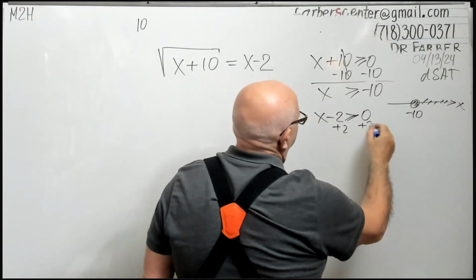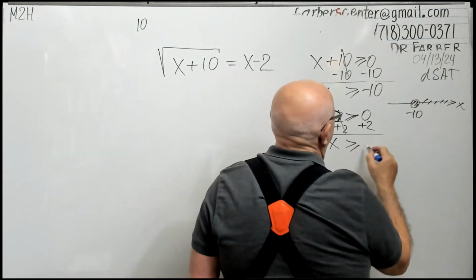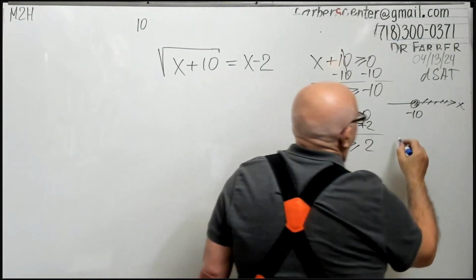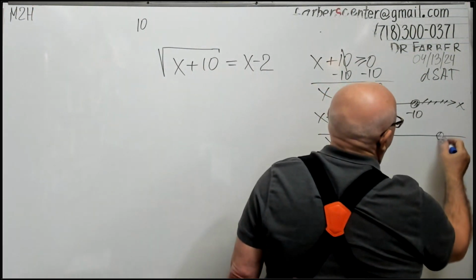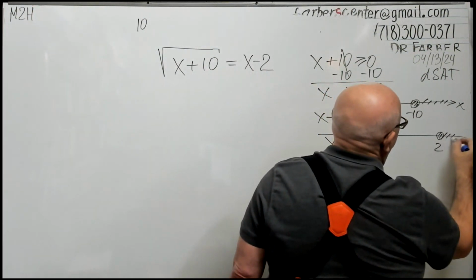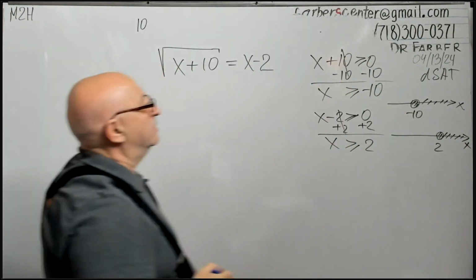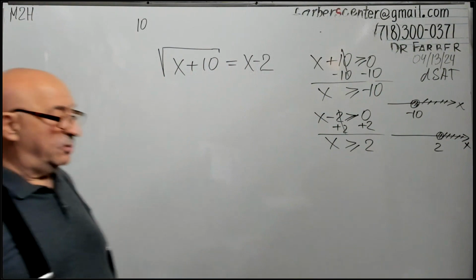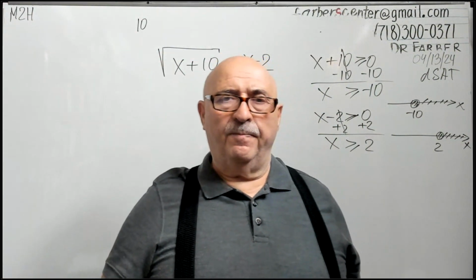Plus 2 and plus 2, x must be greater than or equal to 2. Keep this in mind. Usually, when you solve it in Europe, you always start the steps by checking what is possible.